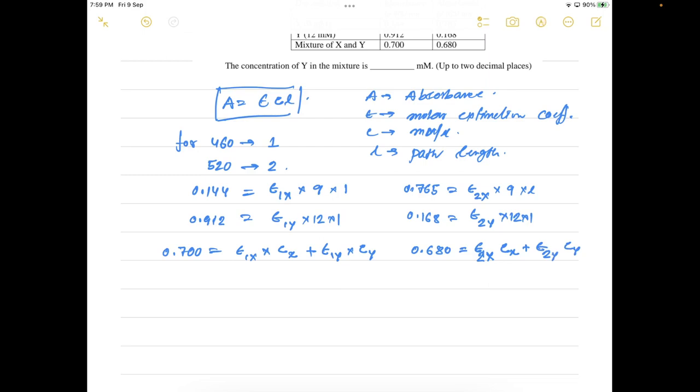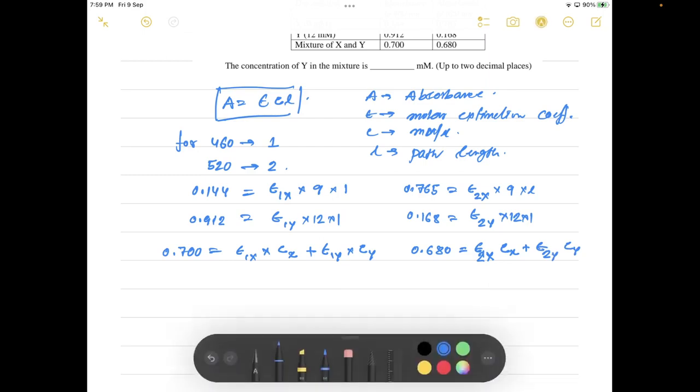Now from the earlier equations, we can get the values of epsilon 1x, epsilon 2x, epsilon 1y, epsilon 2y, right?